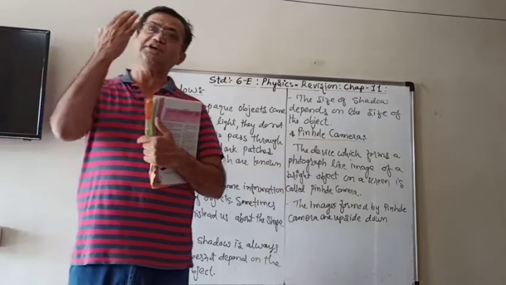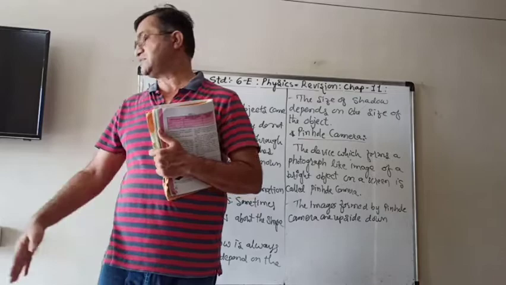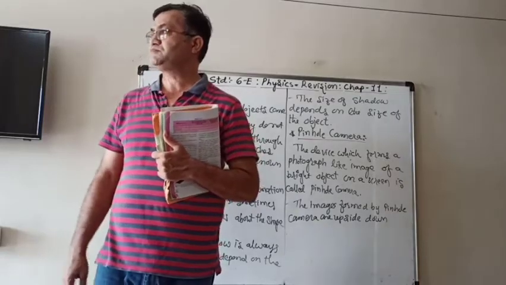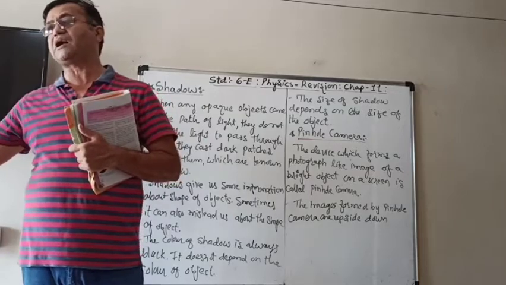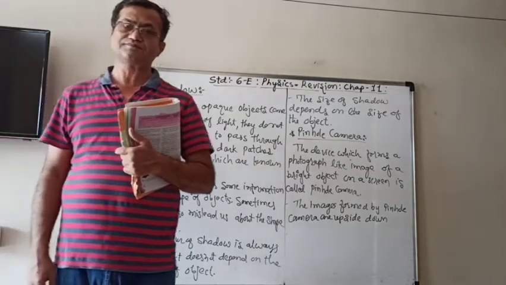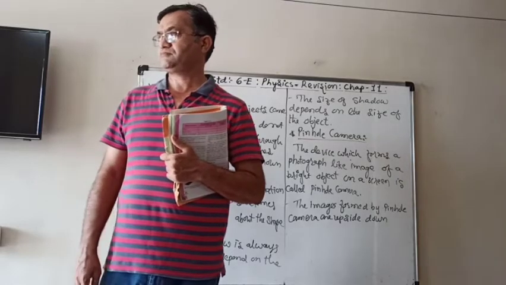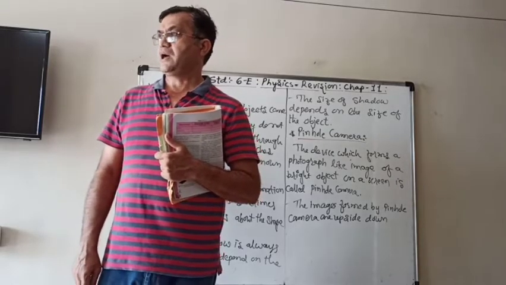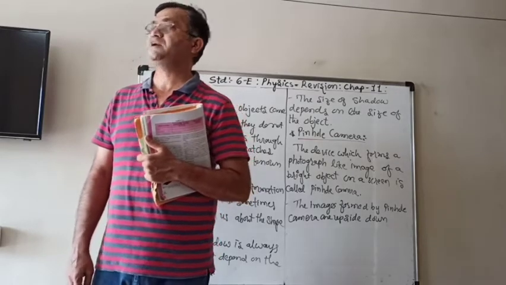If the sun is in front of you, you will get the dark patches on the road behind you. If the sun is on your left side, you will get those dark patches on your right side. So these dark patches are the shadows of the object.